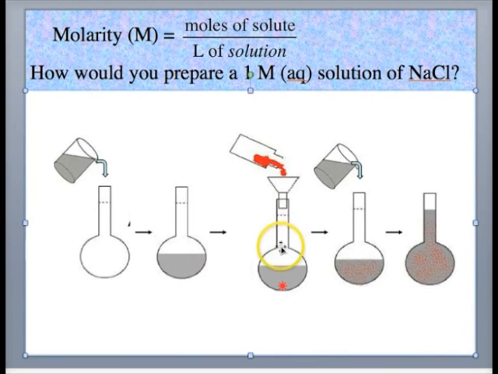Then you put in your grams of sodium chloride or your 1 mole of sodium chloride and dissolve it. And then you continue adding water until you reach the 1 liter mark. Now you have 1 mole of solute per 1 liter of solution. You won't end up with 1 mole of solute per liter of solvent, because that's not the definition of molarity.